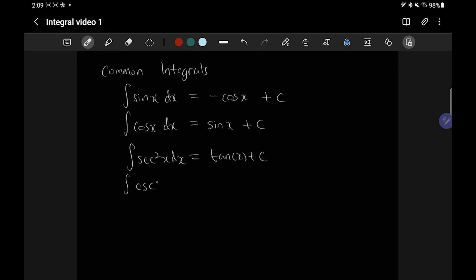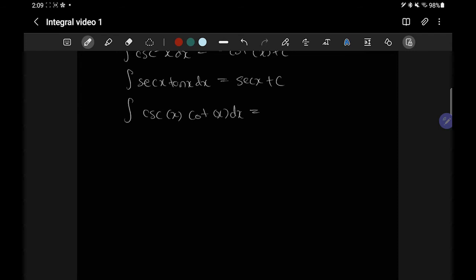Integral of cosecant squared x dx equals negative cotangent x plus c. Integral of secant x tangent x dx equals secant x plus c. Integral of cosecant x cotangent x dx equals negative cosecant x plus c.